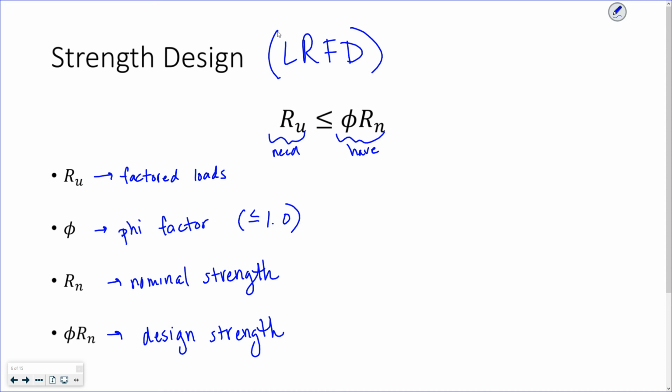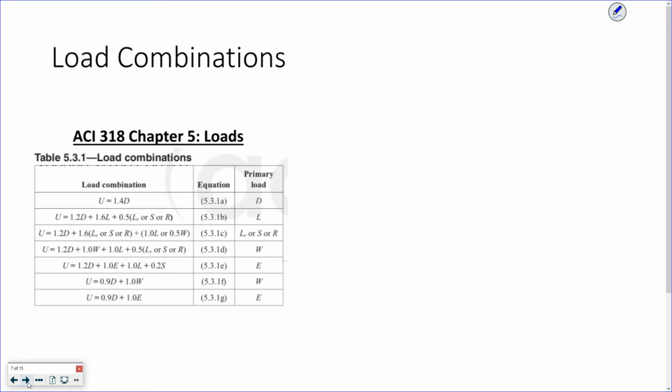So these are the load combinations. Oh, I should flip the page. These are the load combinations. Hopefully you've been familiar with this from steel and from structural analysis.